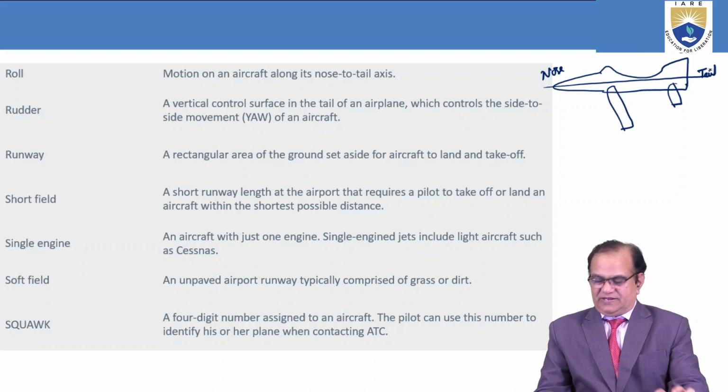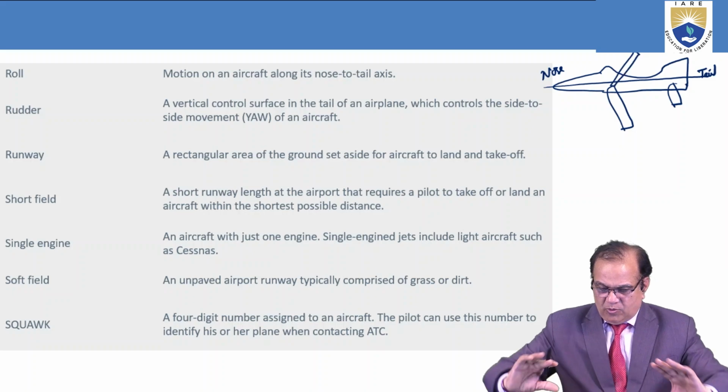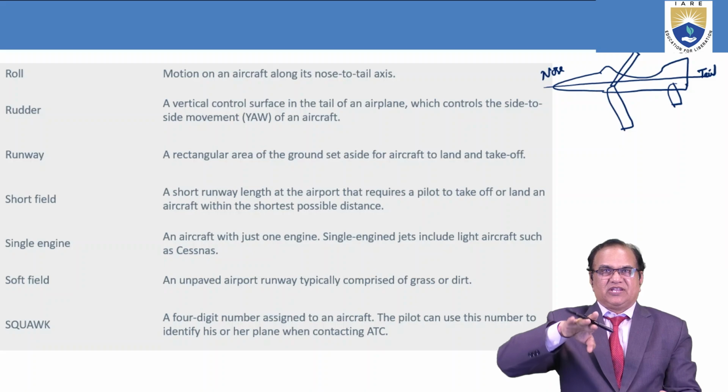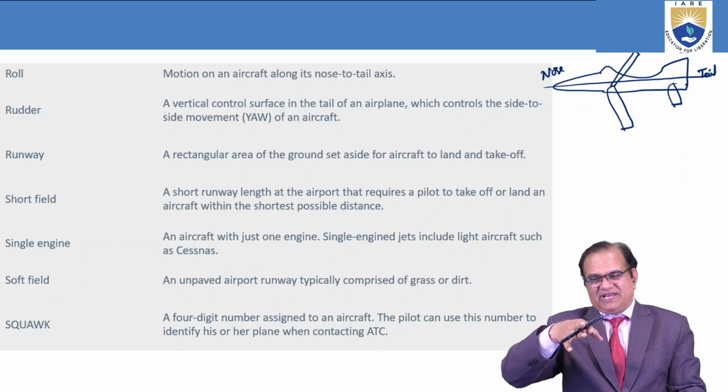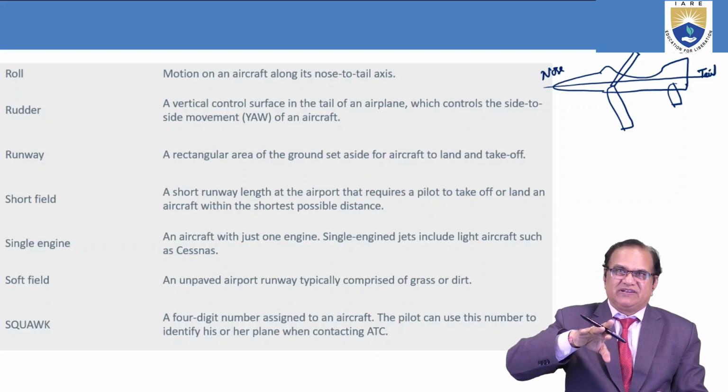So nose to tail, if your aircraft is moving like this, this is called rolling. Rolling of the aircraft, left or right wing down, is called the roll.